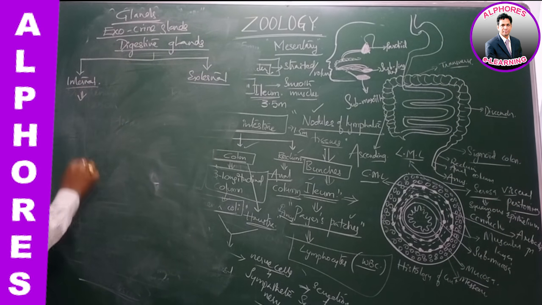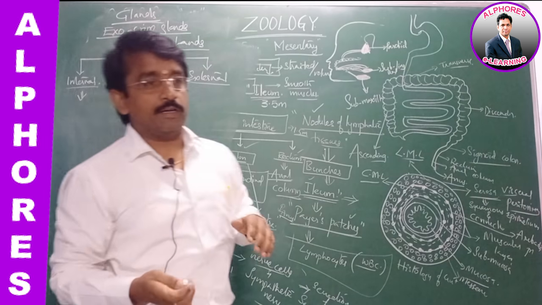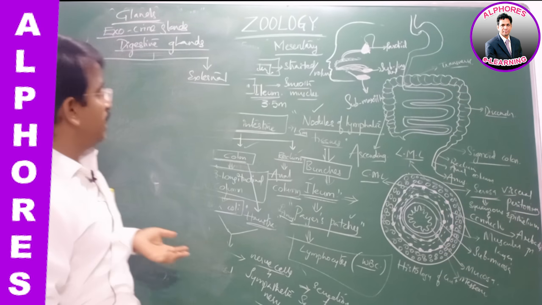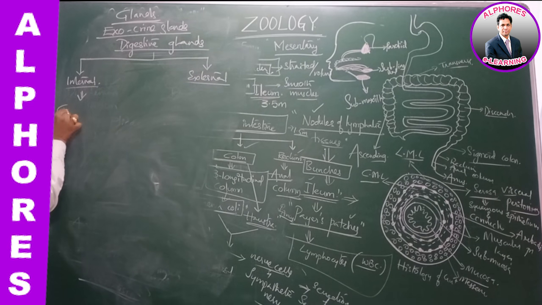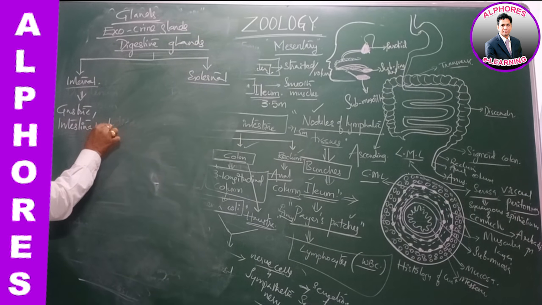Internal digestive glands means those located inside. Internal digestive glands are the gastric glands and the intestinal glands.